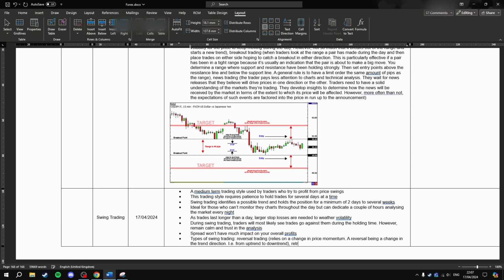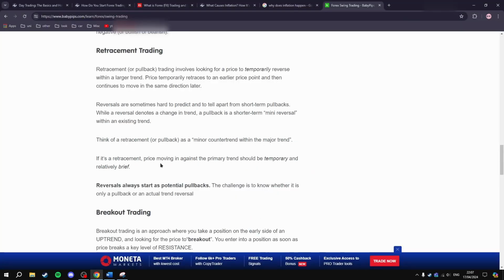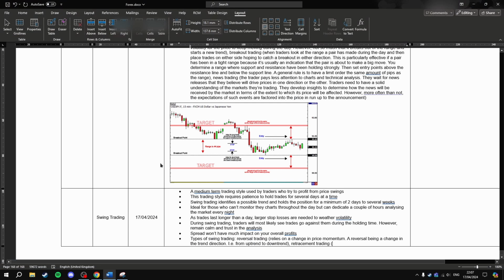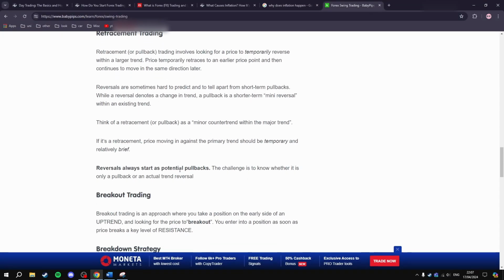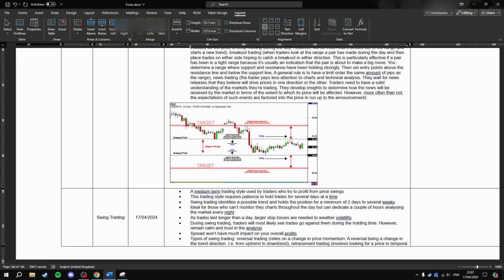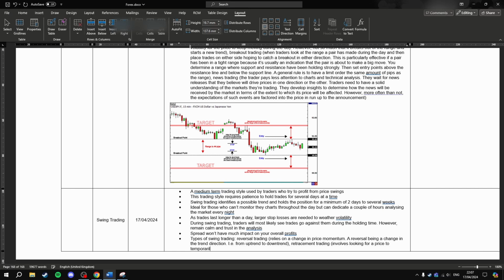Retracement trading. Retracement or pullback trading involves looking for a price to temporarily reverse within a larger trend.